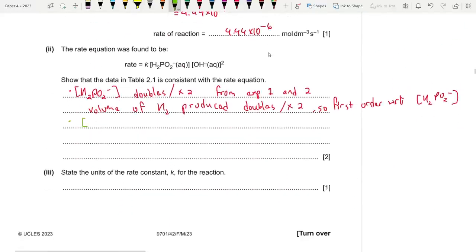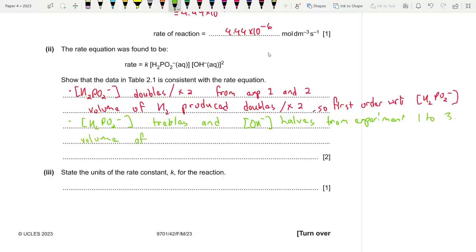In experiments 1 and 3, what happened? H2PO2- actually trebles, and OH- actually halves from experiment 1 to 3. So the volume of H2 falls, right?